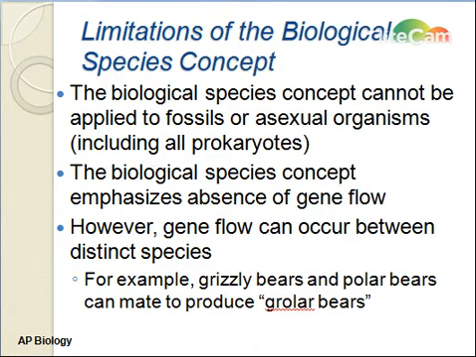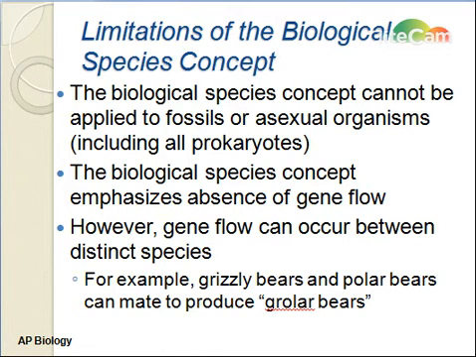So that leads us to the limitations of the biological species concept. We're talking about theories here, and we do have exceptions to the theories. We have things that don't quite get explained yet by these theories. For example, we can't really take this biological species idea and apply it to fossils, or look at asexual organisms like all prokaryotes, because the biological species concept emphasizes the absence of gene flow.